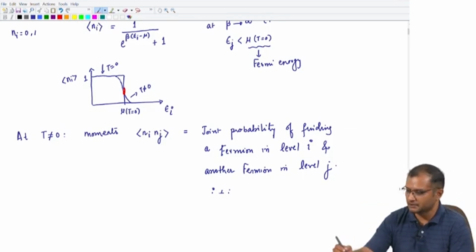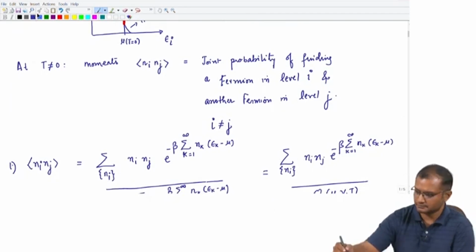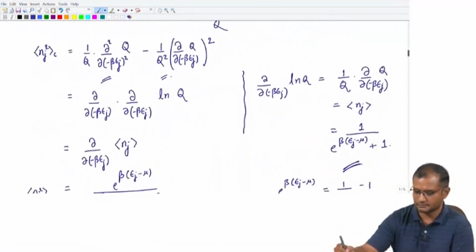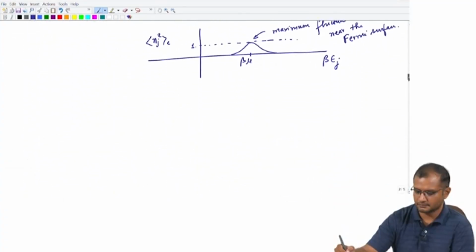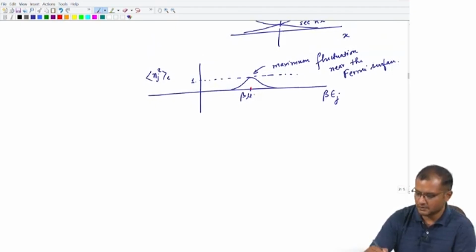And that is precisely what you get here. So, I will take this as some mu at T equals to 0.